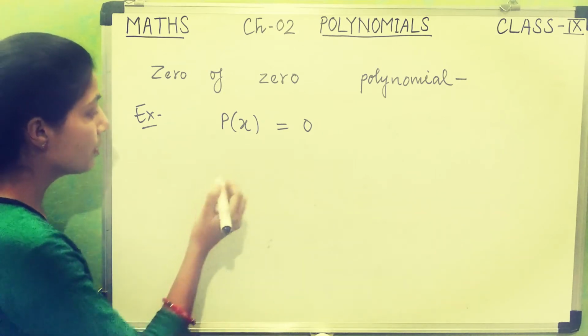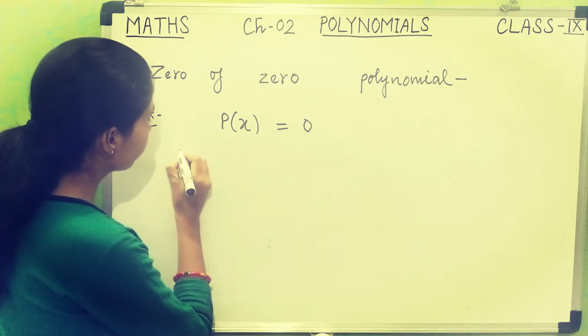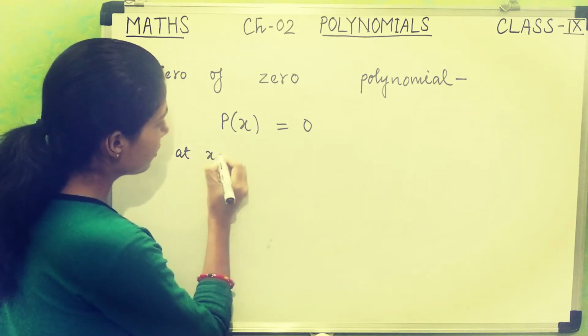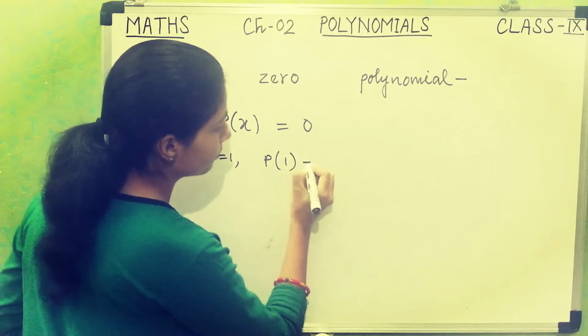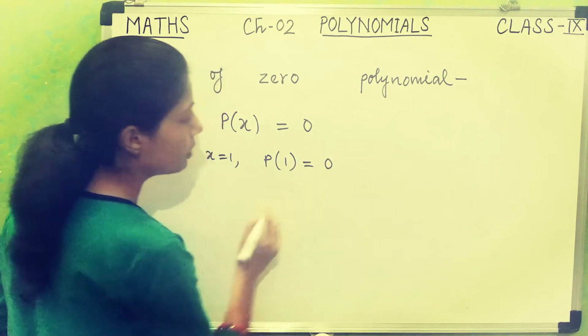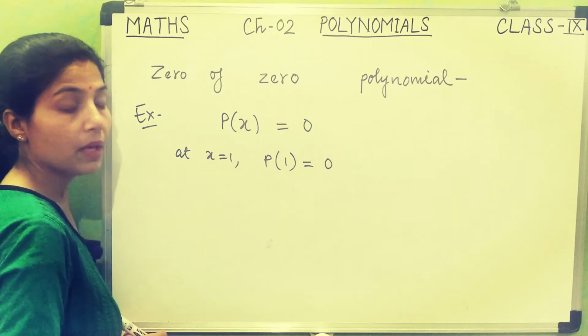In the same way as we have done previously, if I take x equals 1, the value of the polynomial will be 0, because here no variable is involved.